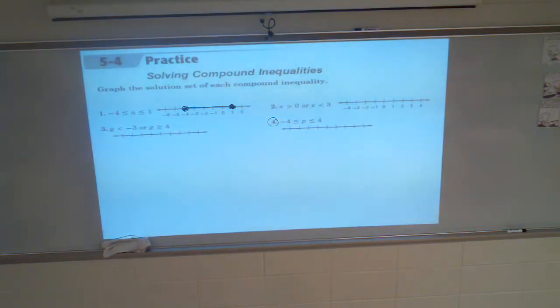You can make your number lines very, very simple. All I have to see on there is a negative 4 and a positive 4.